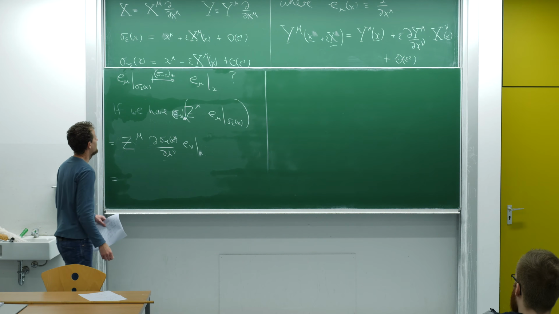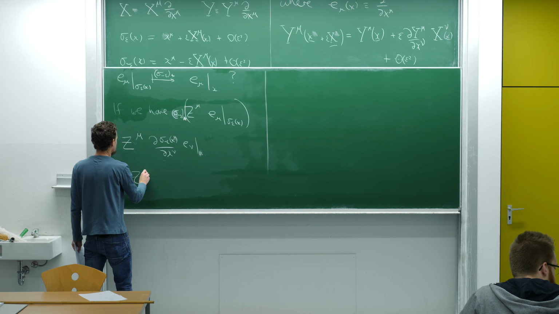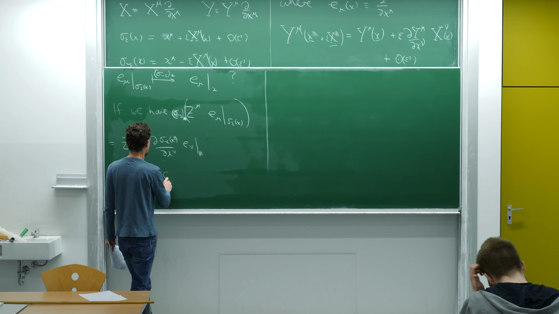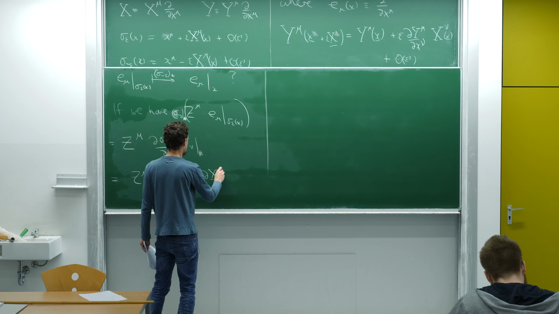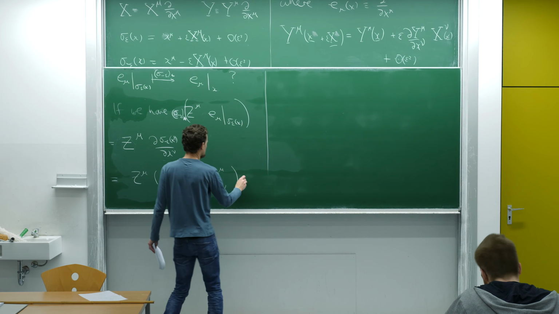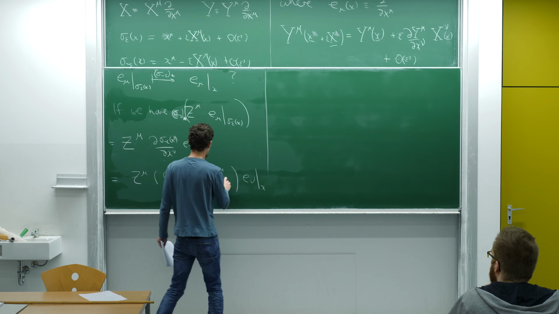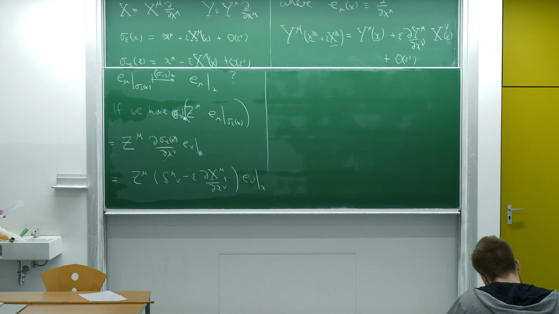All right? If we work that out, we have a formula for sigma minus epsilon. Plus dot dot dot. Something's wrong.